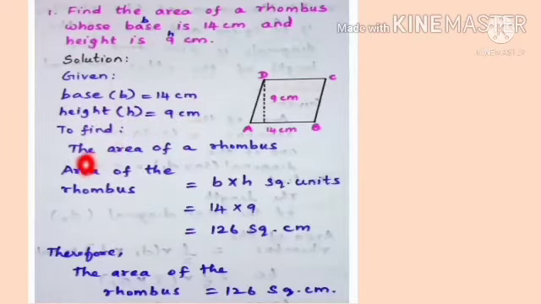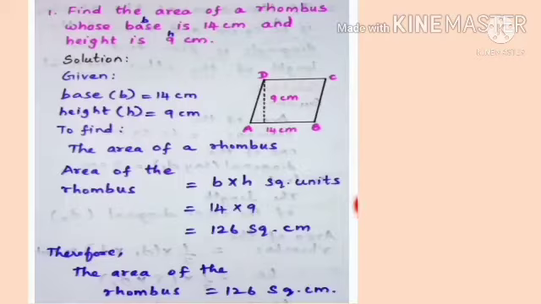And to find the area of a rhombus, we know that when base and height are given, the area of the rhombus is b into h square units. So don't forget this one. It is very important. There are 2 types of formulas to find the area of a rhombus. The first one is when the base and the height are given, the area is b into h square units.